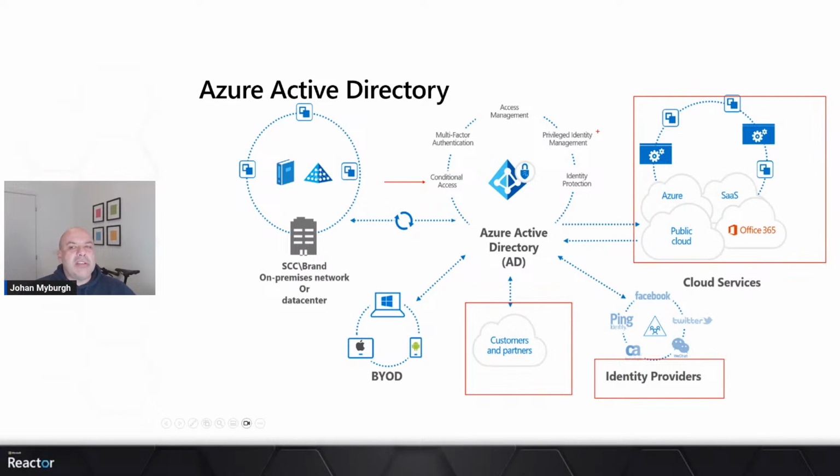And the last two are also quite interesting. Privileged identity management, and I'll see if I can demo this as well, is that ability for us to say, well, I don't necessarily want my user administrators to always operate with the full user administrator permission, right? So I can place those users in PIM, as it's called, or privileged identity management.